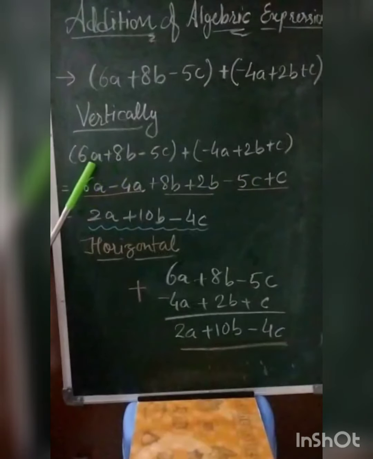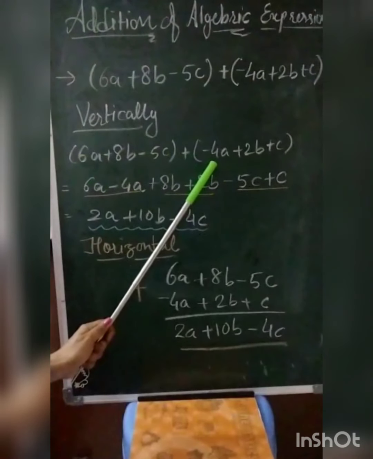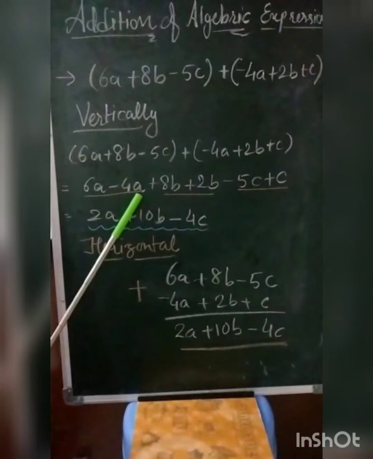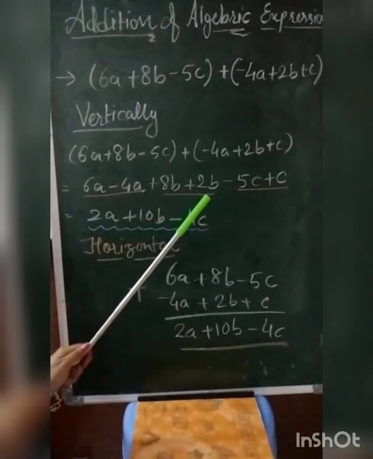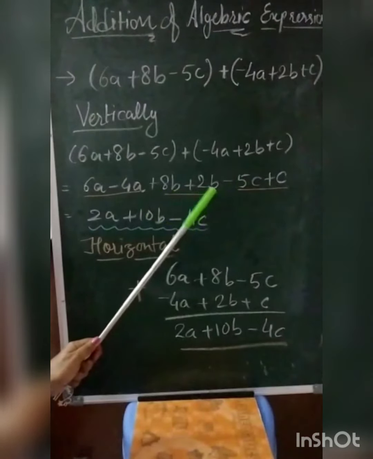Then we have to segregate the terms as like terms together. Here 6a and minus 4a are the like terms, so 6a minus 4a we will write together. Plus 8b plus 2b are the like terms, so we will write them together.